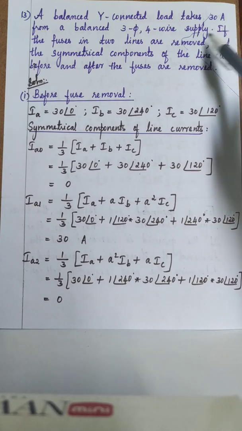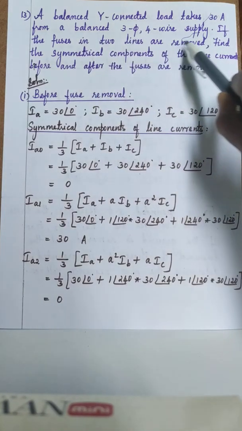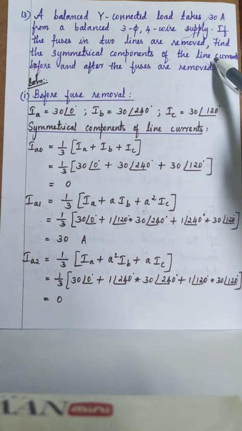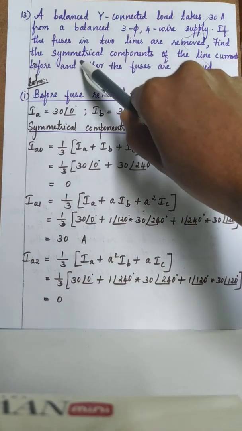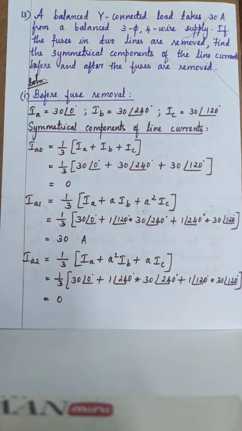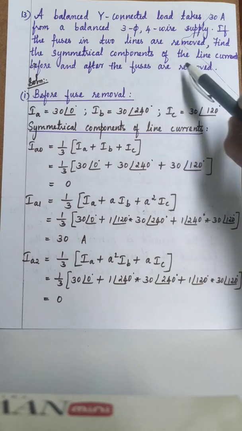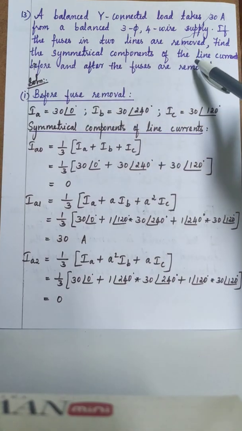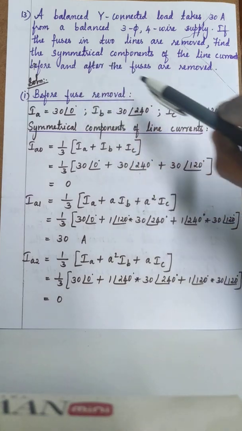If the fuses in two lines are removed, find the symmetrical components of the line current before and after the fuses are removed. You are asked to calculate the symmetrical components of line currents, small suffixes, before and after the fuses are removed. So first let us solve for before fuse removal.